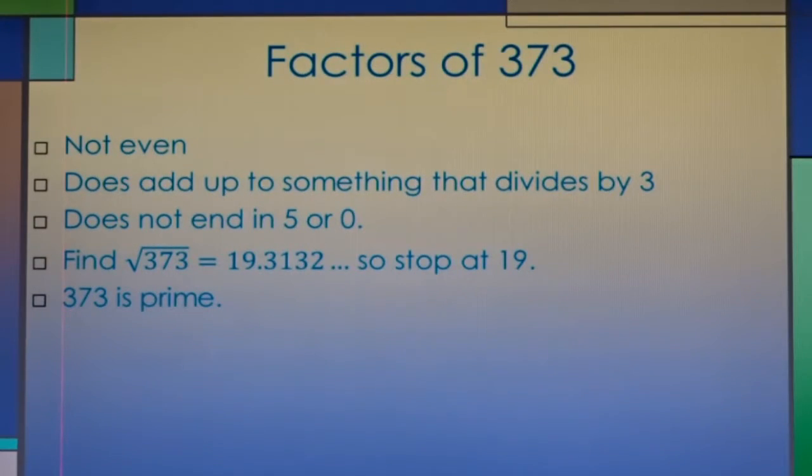Nope, that didn't work either. 373 divided by 13. Nope, that didn't work. 373 divided by 17. That didn't work either. 373 divided by 19. That didn't work either. So guess what, guys? 373 is a prime number, meaning we can't factor anything out of this number.